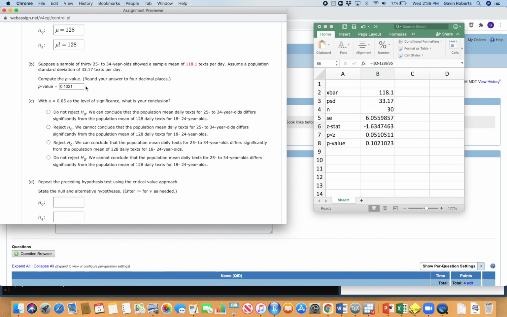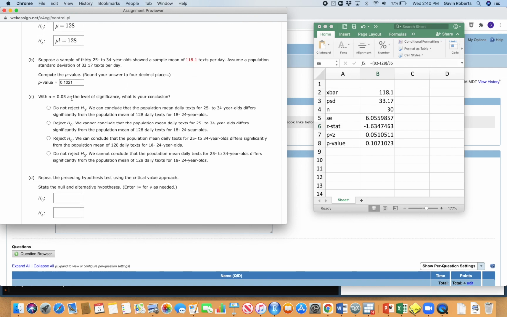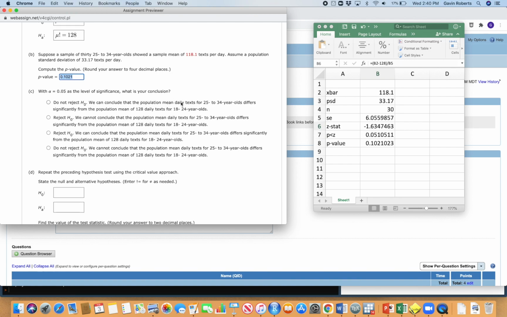Another interpretation of the p-value, this 0.1021 or 10.21%, is to say, if I reject the null hypothesis and say, yeah, they are different, they do text at different rates, there will be a 10.21% chance that I am wrong. Now, this says alpha is 5%. My probability of being wrong is greater than 5%, so I do not reject the null hypothesis.